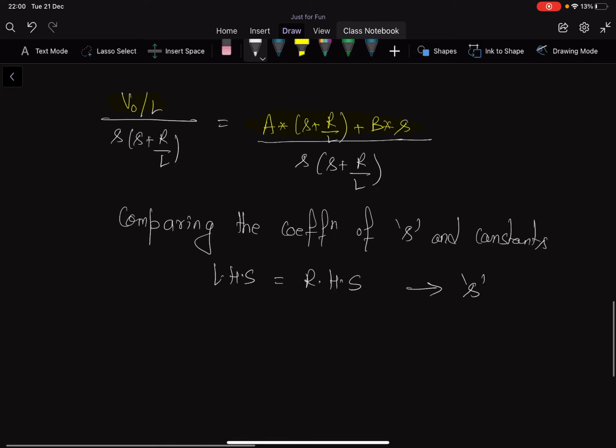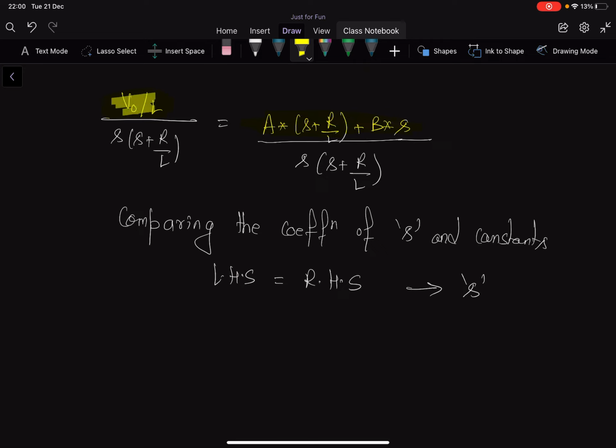If you look here, I can clearly see that on my left hand side, on the top, on the numerator, I'm just looking for the numerator side. I'm not looking for the denominator, because the denominator will cancel out. So I can get the value of a and b just by comparing the top one for both.